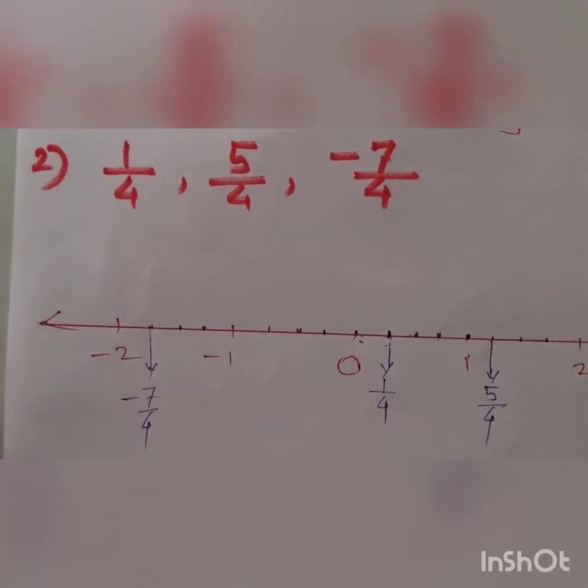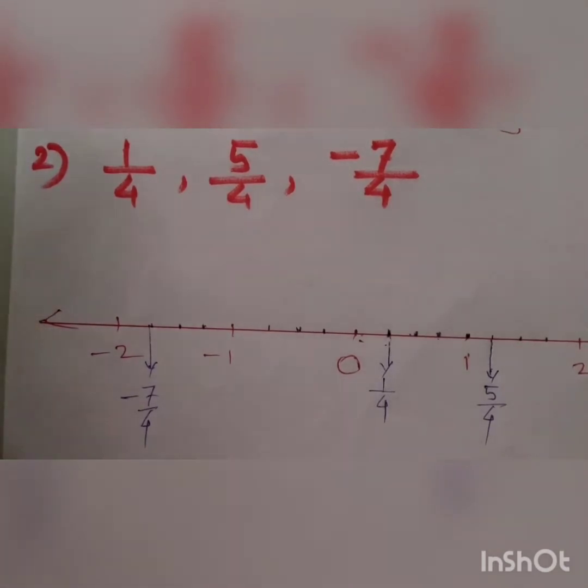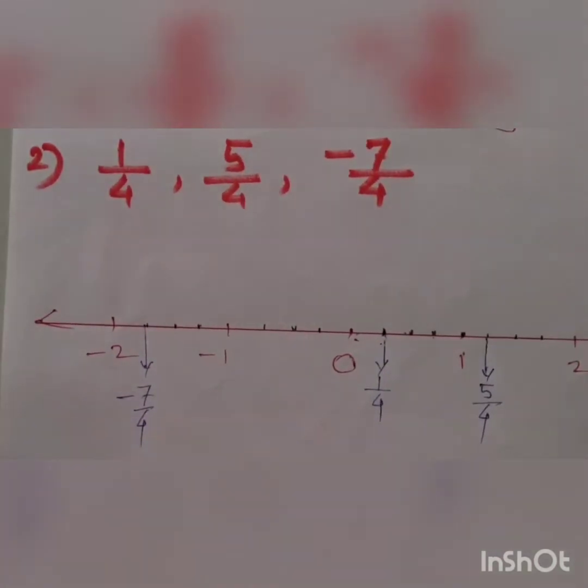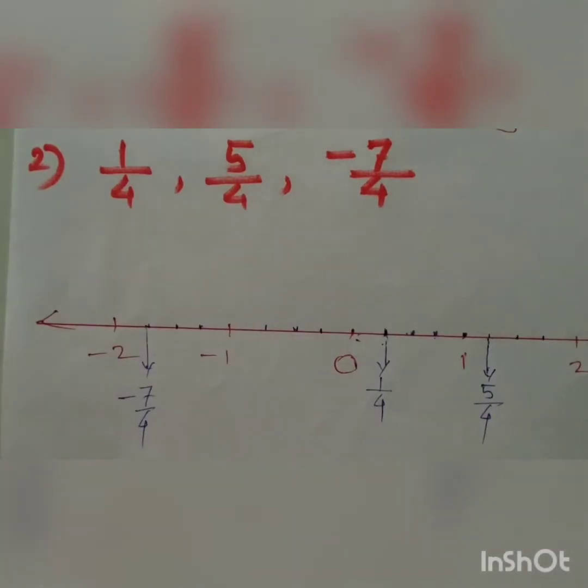Means in this way we show the rational numbers on the number line, and this is only revision for standard 9. Now our main aim is to show the irrational number on the number line, irrational numbers like √2, √3.